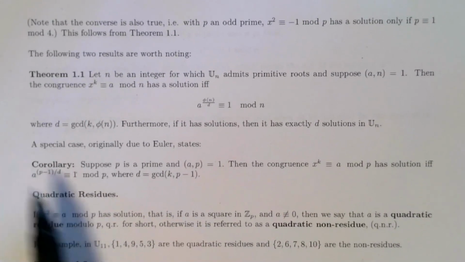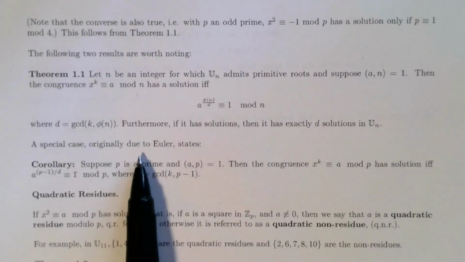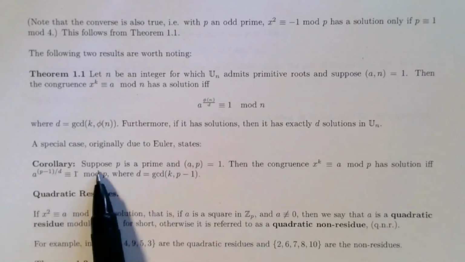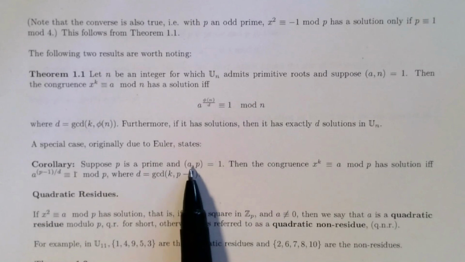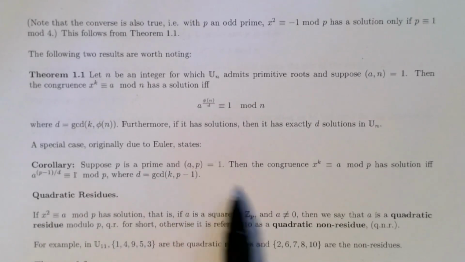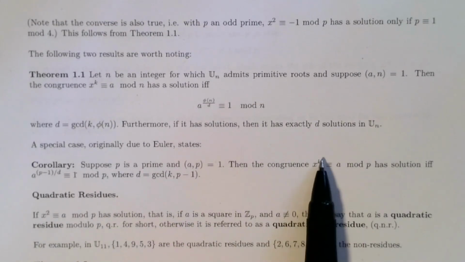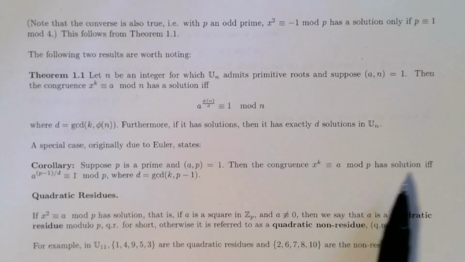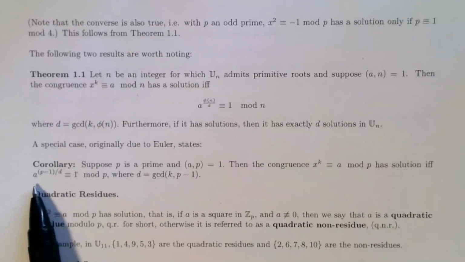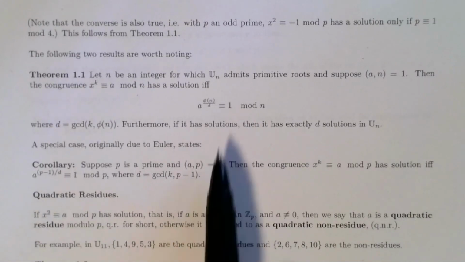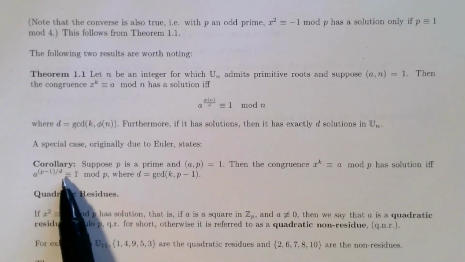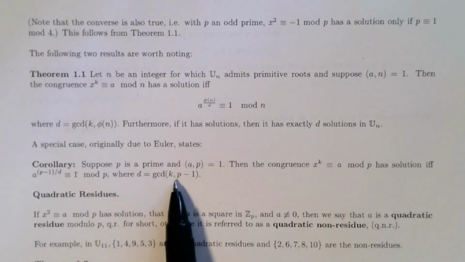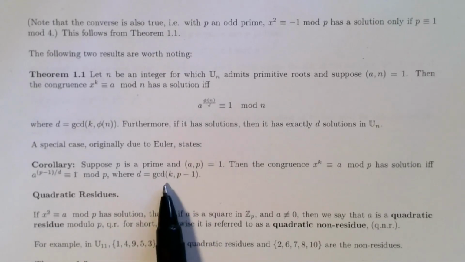As a special case of this, also originally due to Euler, if p is a prime and a and p are relatively prime, then the congruence x to the k is congruent to a modulo p has solutions if and only if a to the (p minus 1) over d is 1 modulo p, where d is the GCD of k and p minus 1, because now φ(p) is p minus 1.